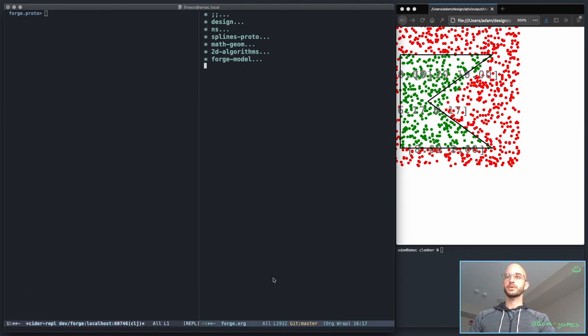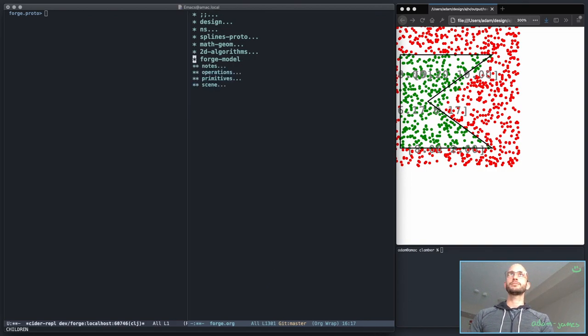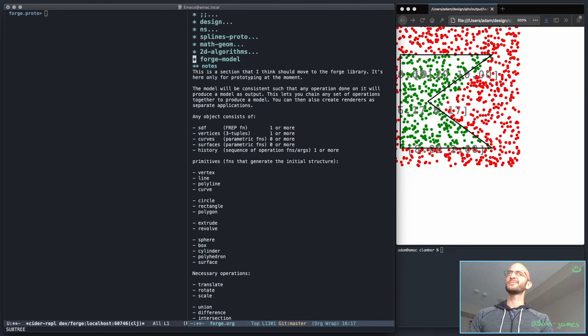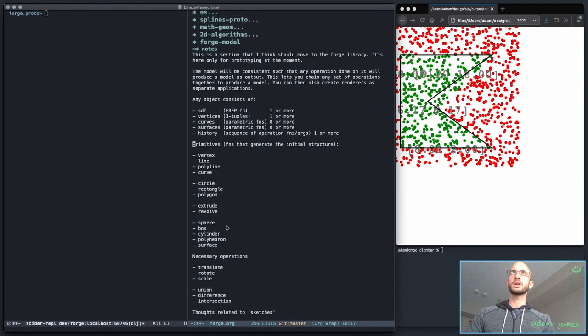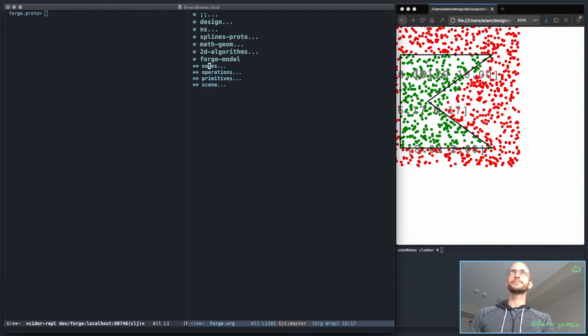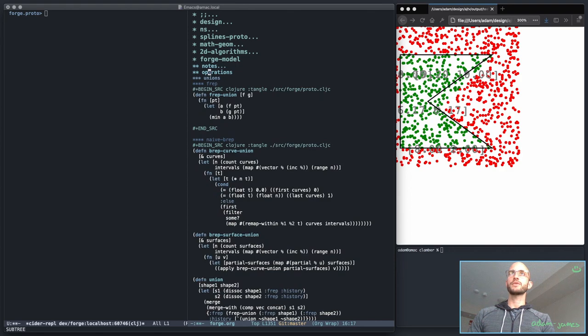There we go. Notes to myself. These are probably a little old, but that's okay. Operations, frep union, naive boundary rep.